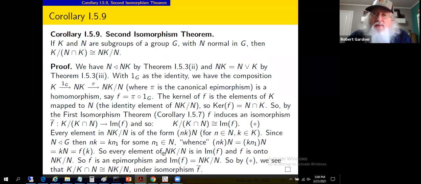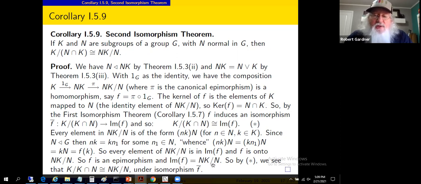So every element of Nk mod N is the image of something over here. So everything over there is in the image of F. So F is onto. In fact, we just demonstrated it maps us onto this set. So we've got an onto homomorphism. So F is an epimorphism. The image of F is Nk mod N.